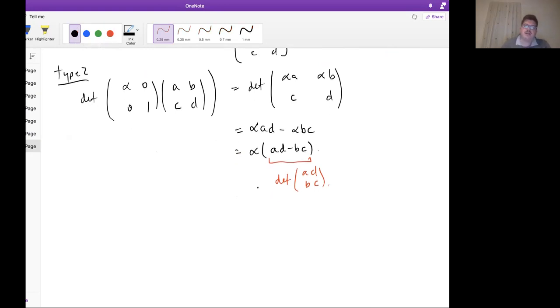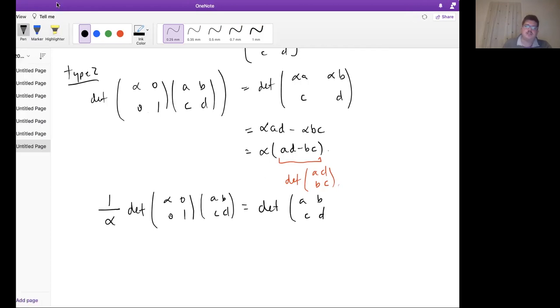So let's think about it: does it make sense that 1 over alpha times the determinant of alpha 0, 0, 1, A, B, C, D is equal to the determinant of A, B, C, D? Does that make sense?